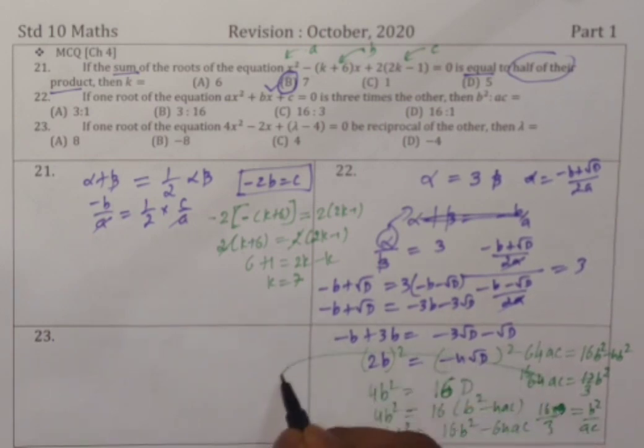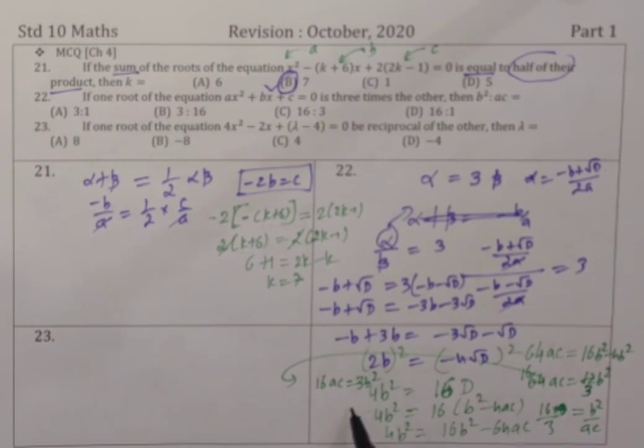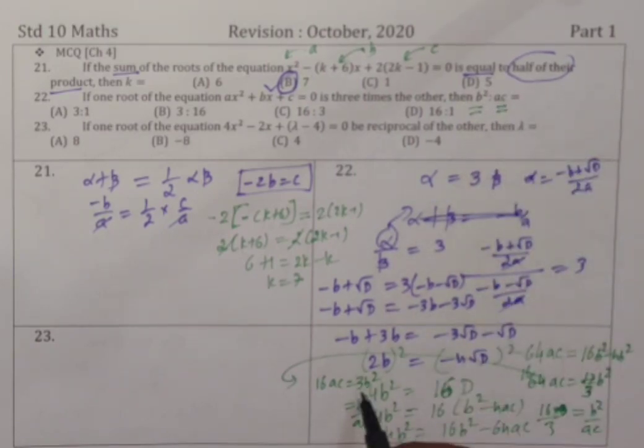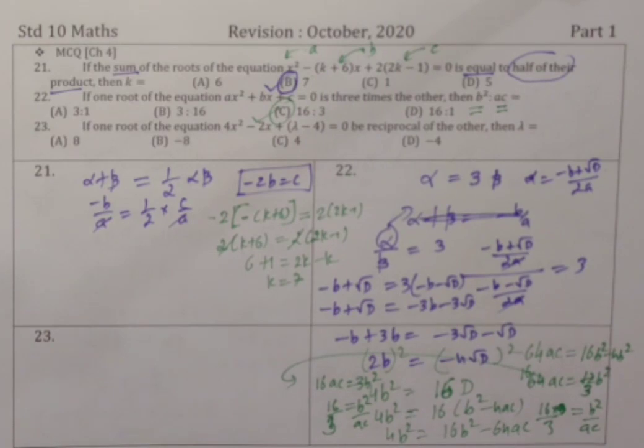I'll write this here again. 16ac, 16 cancels and 3 is left, in place of 12 it is 3, 3b square. Now b square upon ac, because we need the ratio, b square is to ac. b square upon ac is equal to 16 upon 3. So 16 is to 3. Answer is C, 16 is to 3.